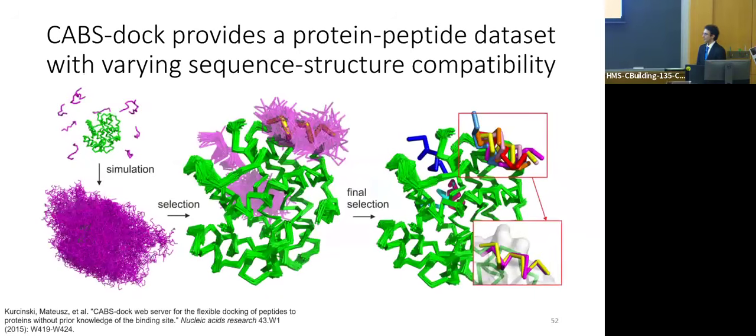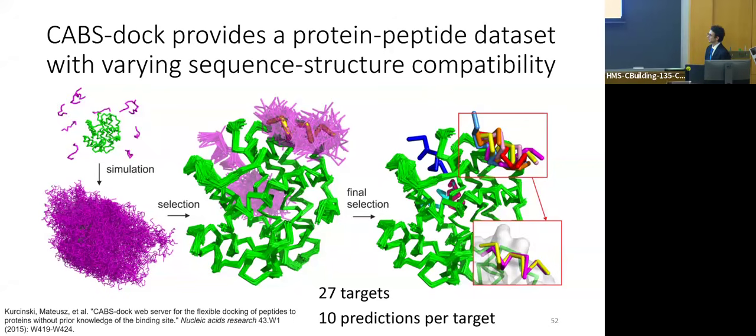Okay, so to generate the decoys in this data set for protein peptides, Lindsay used CABSdock, which is somewhat state-of-the-art binding mode prediction program. So we used it to do 27 targets from the PDB that are known protein peptide complexes, and then ran CABSdock simulations to generate 10 overall predictions per target.